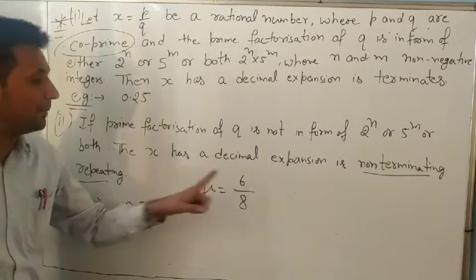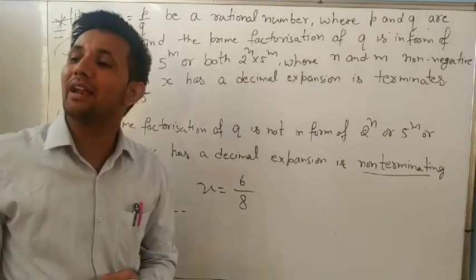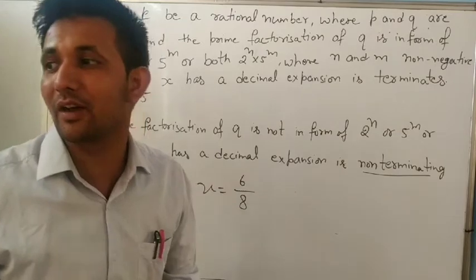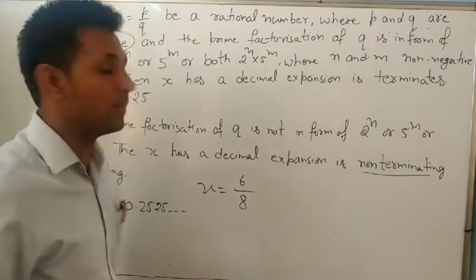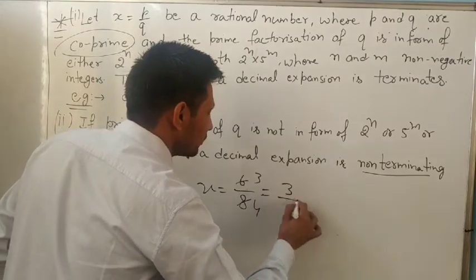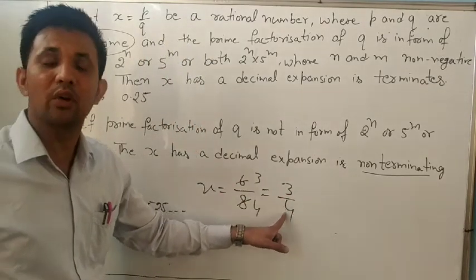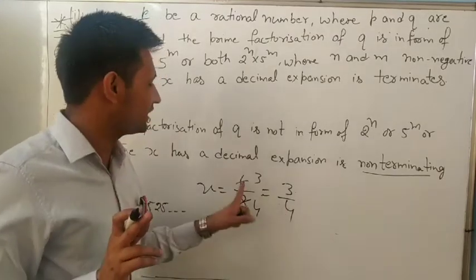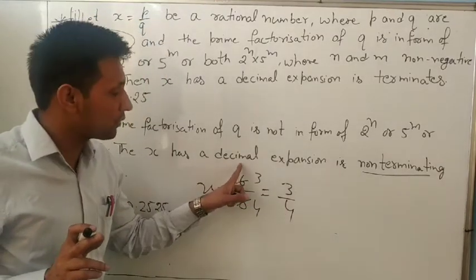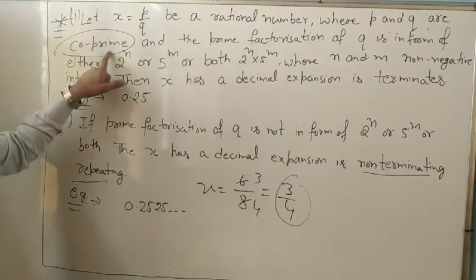Co-prime means two numbers have no common factor except 1. So 6/8 becomes 3/4. If any number has a common factor, first we cut the common factor and write it in co-prime form.